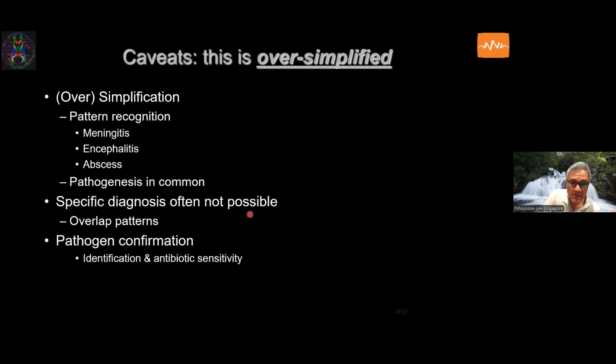And I'll go back to my pattern recognition and wrap up for the night. What I've just said is an oversimplification of the pattern recognition: there is leptomeningeal contrast enhancement in meningitis, with small amounts of pus.